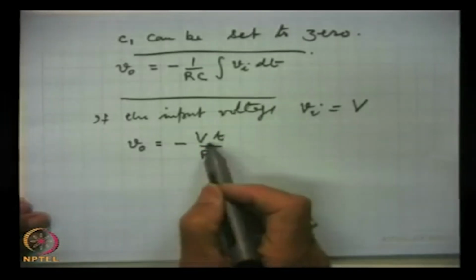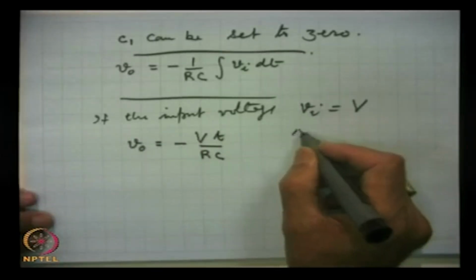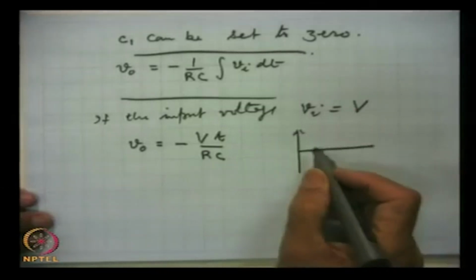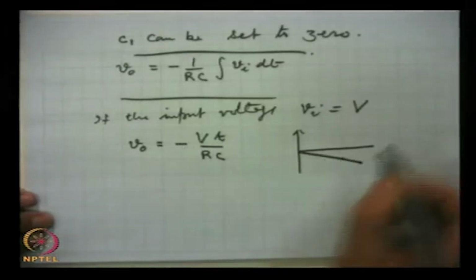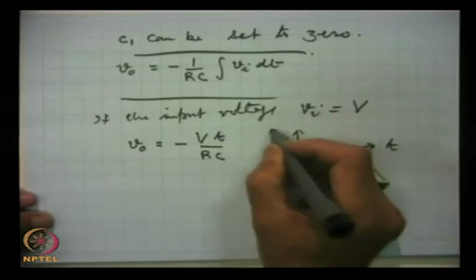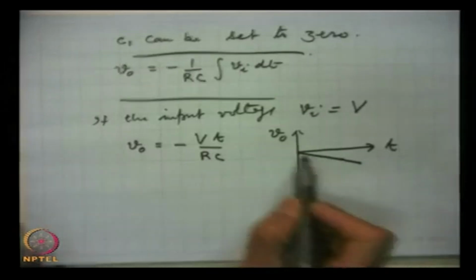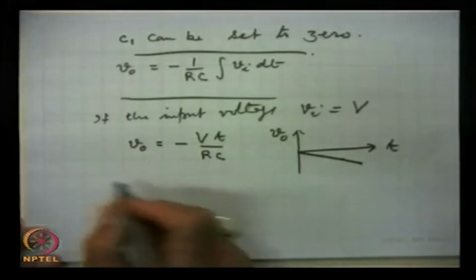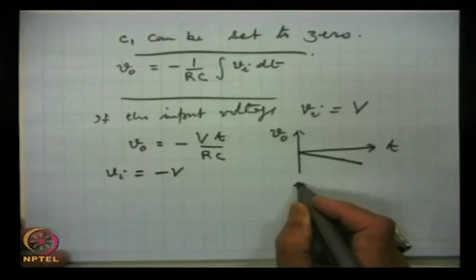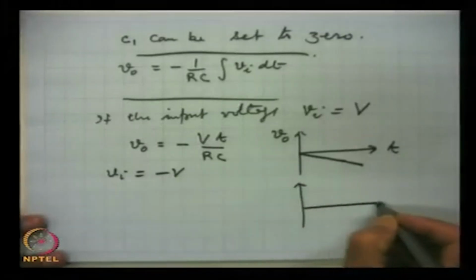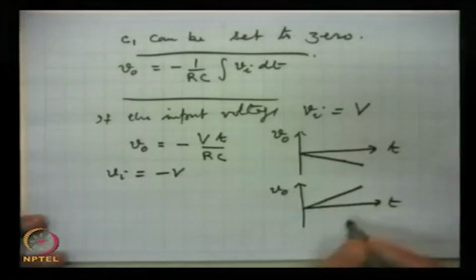So, from time 0 to time t, this will be keeping on changing. So, it will be a ramp. Because of this negative sign, it will be going this way. This is time and this is the voltage V0. So, a constant input voltage, if it is positive, the ramp will be like this. If Vi is a negative voltage, then the ramp will go in the other direction. This is V0 versus T.